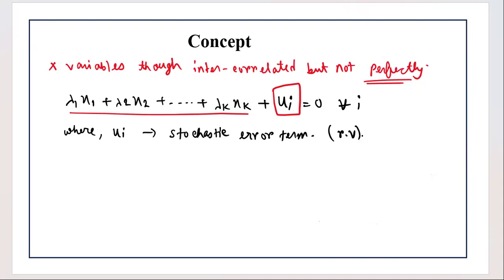But since it is a random term, the correlation will not be 1. It will be something which is less than 1. In this case, the correlation coefficient that you will find out will not be unity.